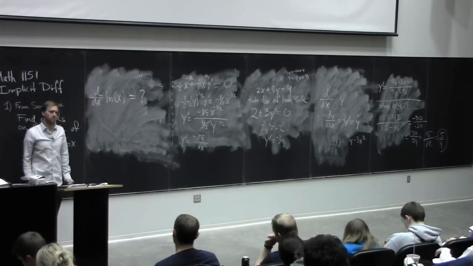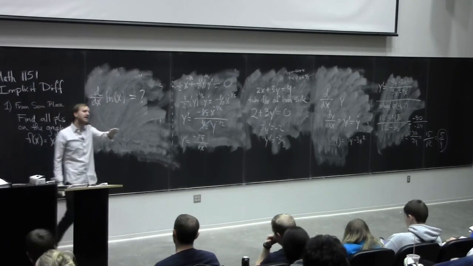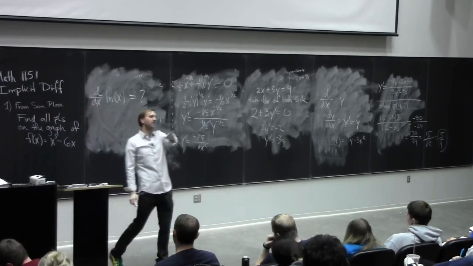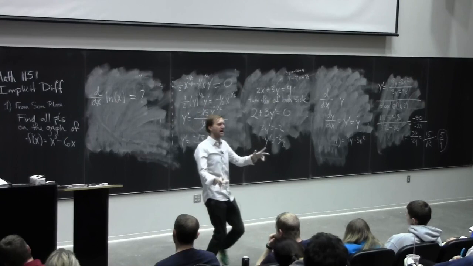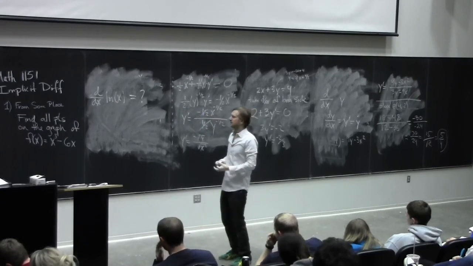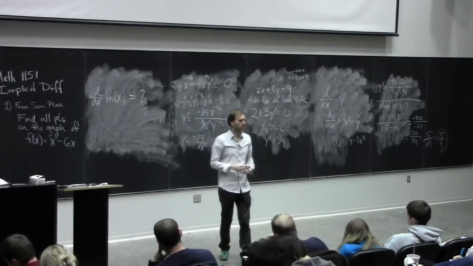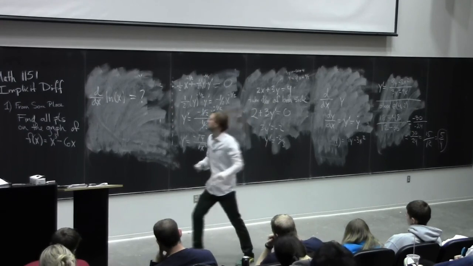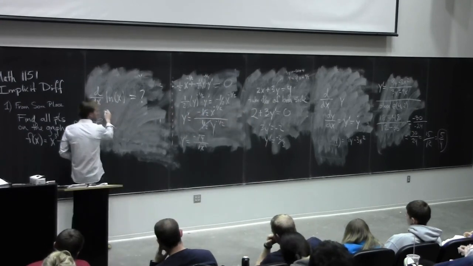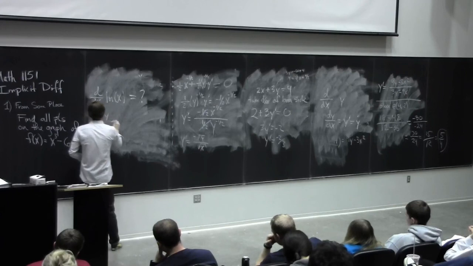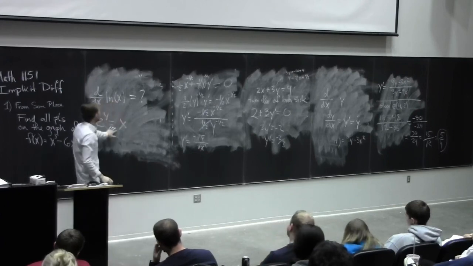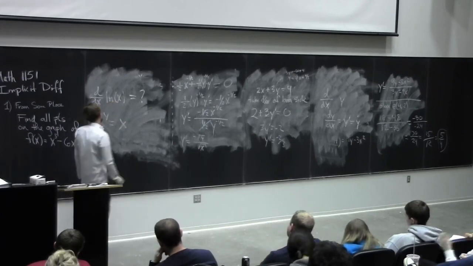What could this equal? Can anybody here give me a formula with x's and y's involving natural log? He says e to the y equals x. e to the y equals x.